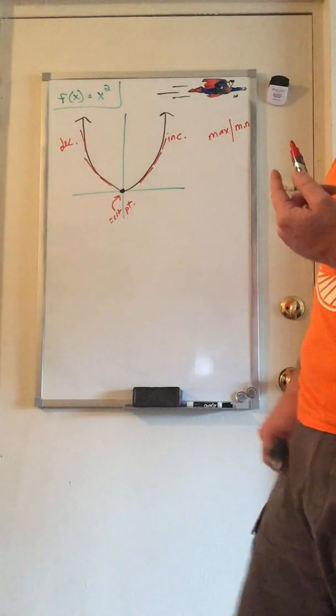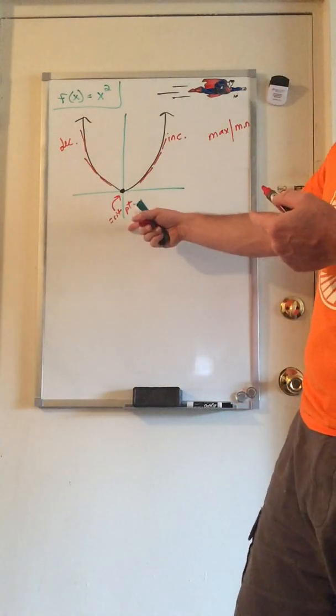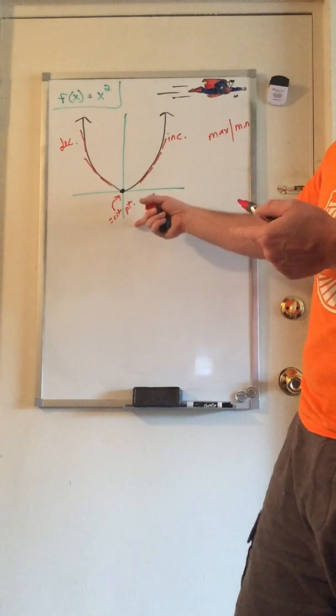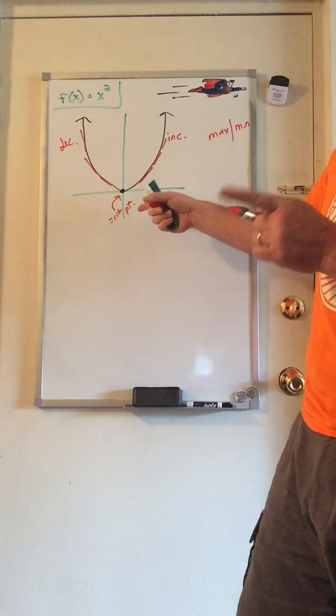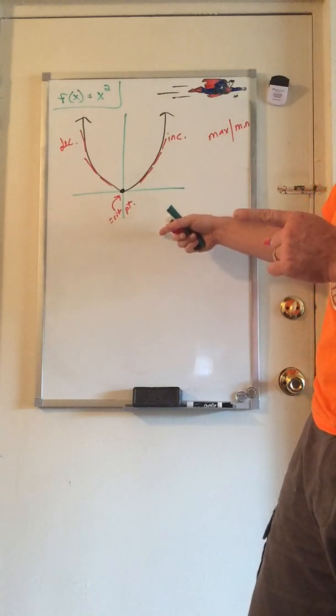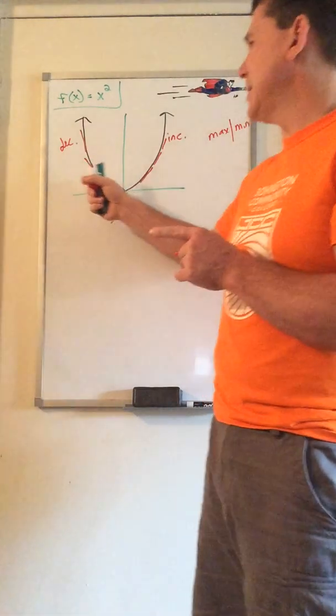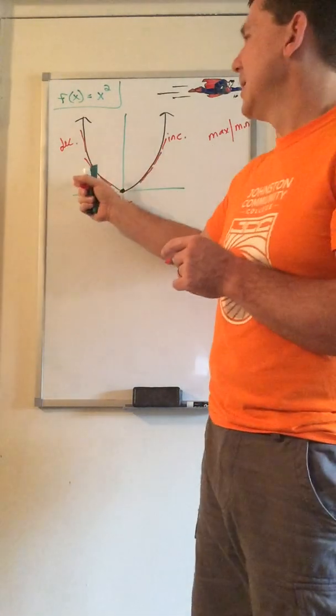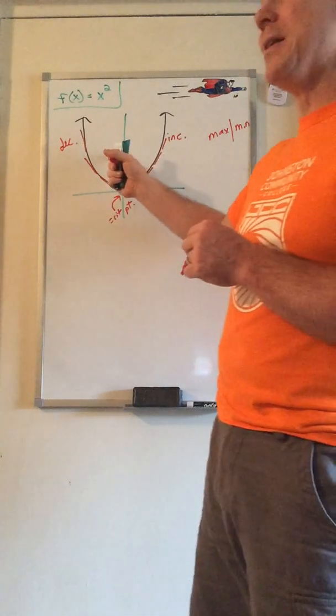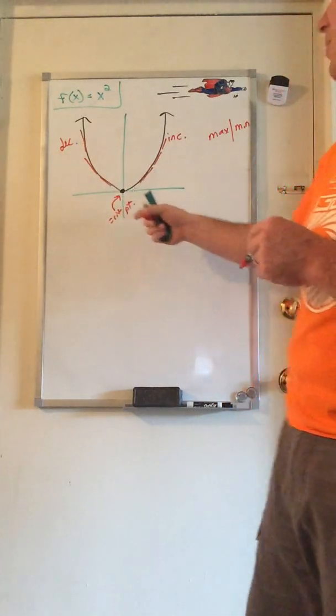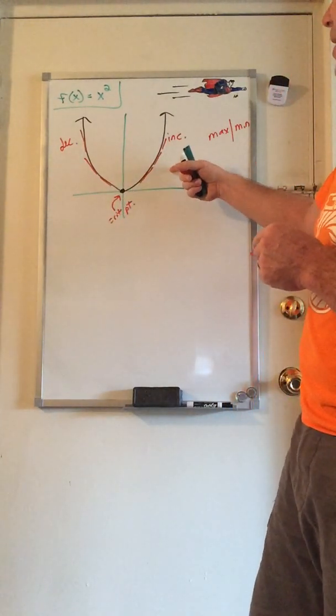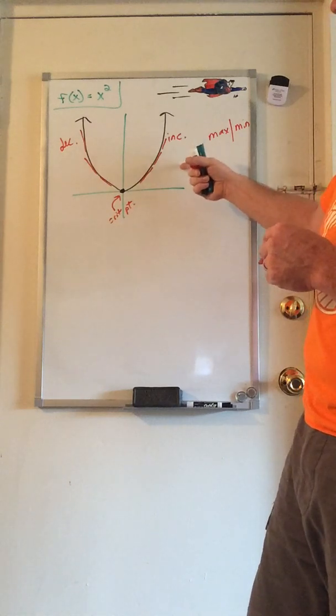Because now this tells me if I can find a critical point, we already know how to do that. Set the derivative to 0 and find when the derivative is undefined. And then if I look at points around those critical points, if the derivative is negative, it means the function's decreasing. If the derivative is positive, it means the function's increasing.